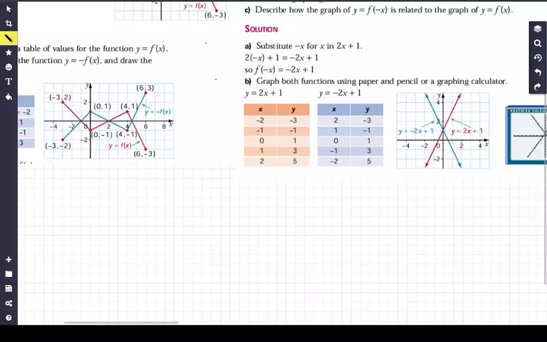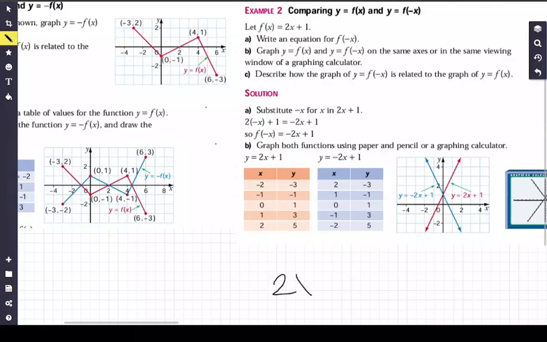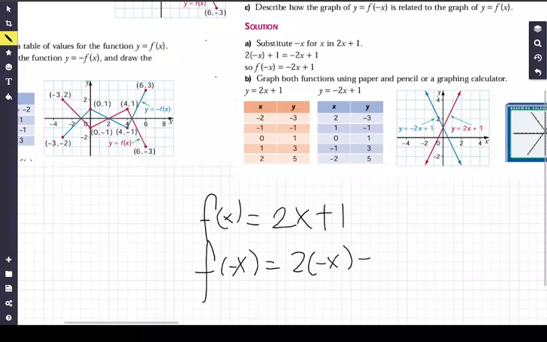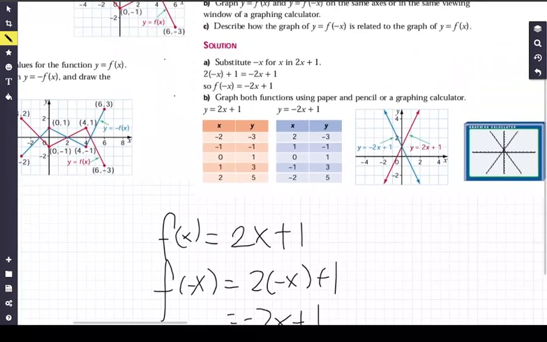When we had 2x plus 1, this is our f of x. But when you have f of negative x, it's actually 2 times negative x, plus 1. So essentially that becomes negative 2x plus 1. This is our equation, which is also shown here.